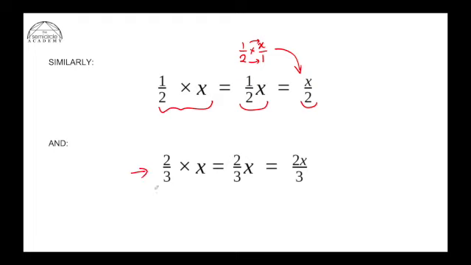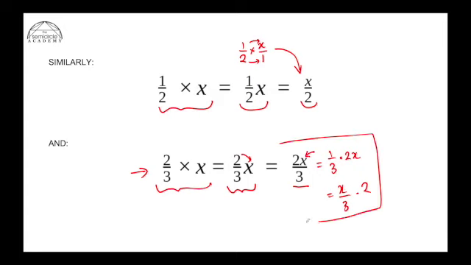Same thing over here. 2/3 of x could be written as 2/3 x, or you could just put the x in the numerator, 2x over 3. Right? And I could also split this up to have a third times 2x. Or I could split it up again to have x on 3 times 2 if I wanted to. You know, they're all the same thing. And understanding that they are all the same thing.